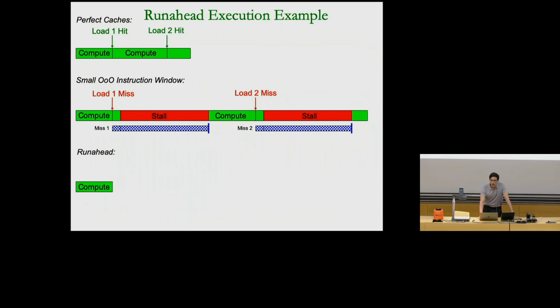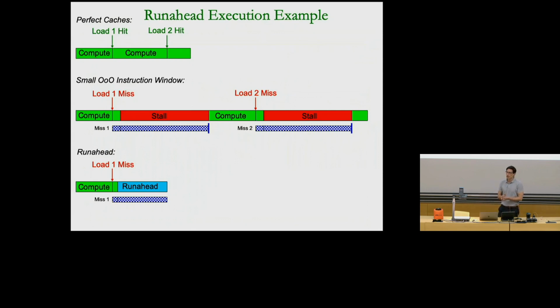We start the computation, and at this point in time, we have a load from memory. We are missing in the cache, and again, same as before, we have to go to the main memory, right? But now, instead of just simply stalling the pipeline, what we do is enter what is called the run-ahead mode. That essentially means that, first of all, we save the architectural state.